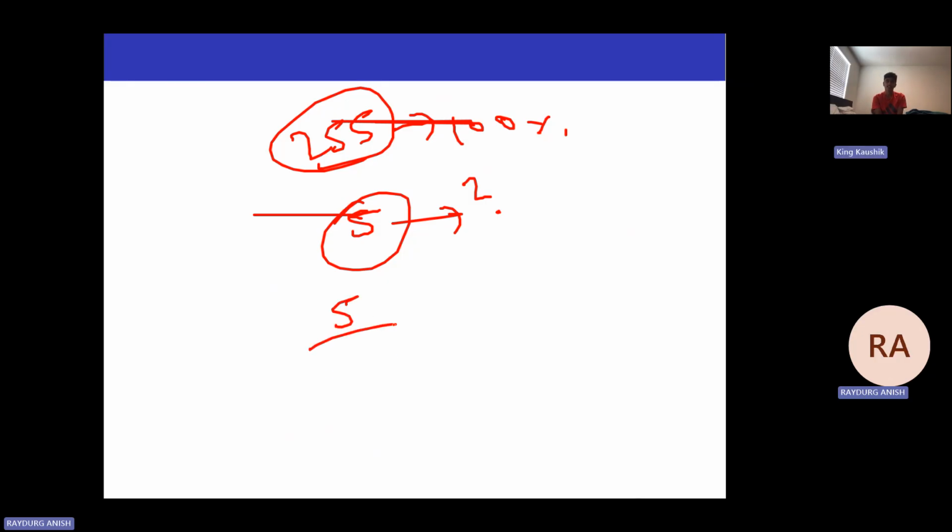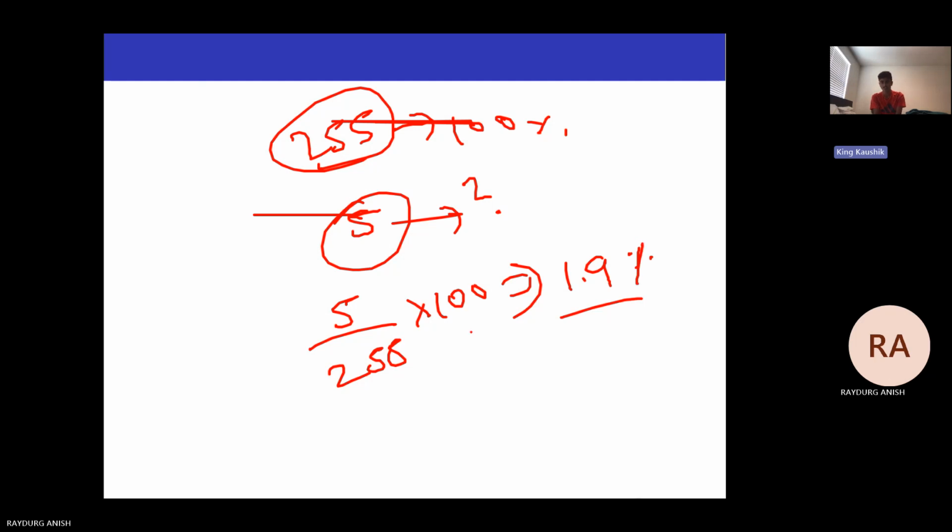So it's nothing but 5 by 255 into 100. Whatever answer you get is the duty cycle. So basically on time upon total time times 100. 1.9. Did you use a calculator or what?